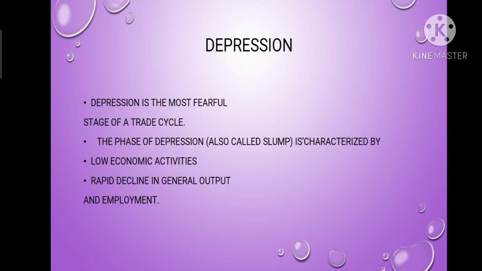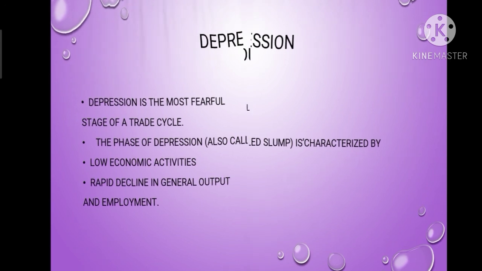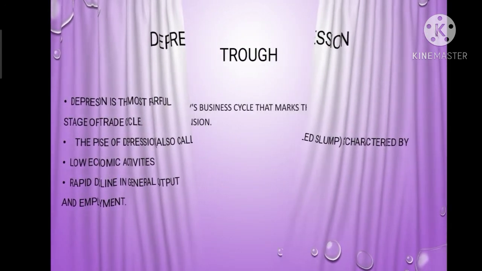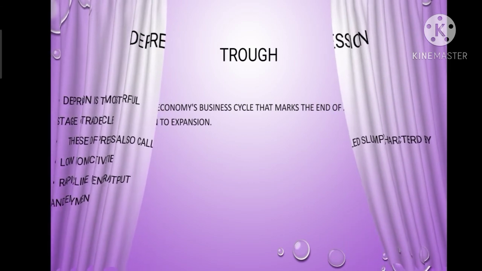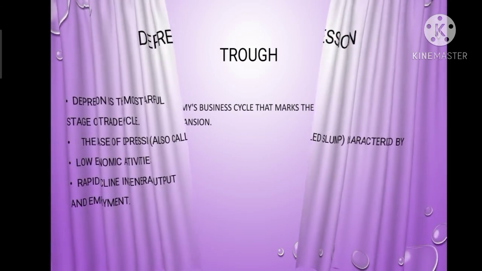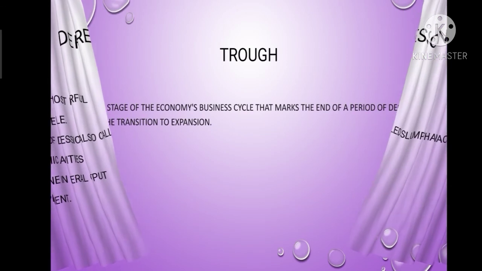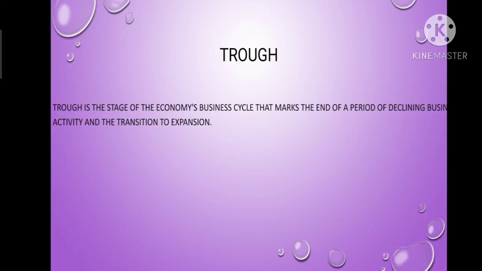The last stage of contraction is trough. In this stage, economic activity marks the end of the period of declining business activity and the transition to expansion.